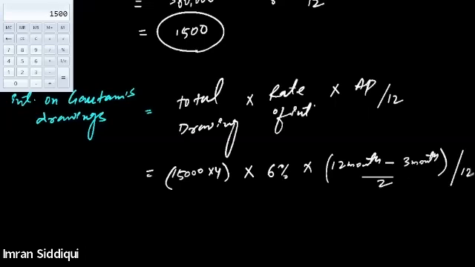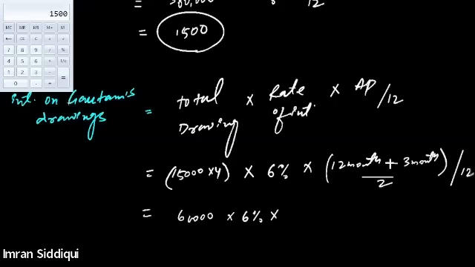Okay, so that means this will be 15,000 into 4, which is 60,000, into 6%. Then 12 plus 3 divided by 2.